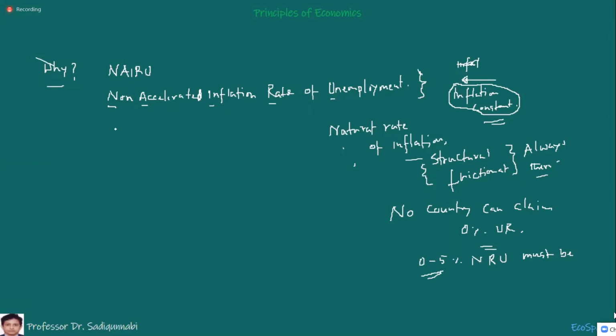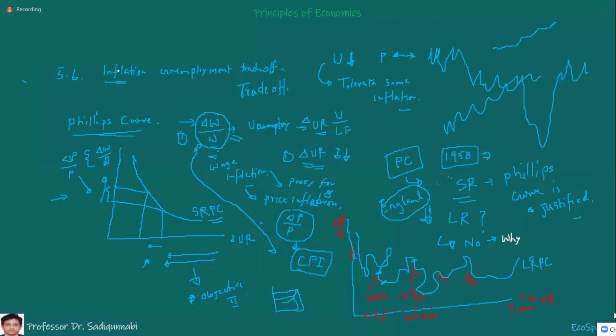So that's why it is called non-accelerated. That means making some fixed unemployment rate because of some natural rate of unemployment. So this is a special rate of unemployment, which was missing in the previous data.